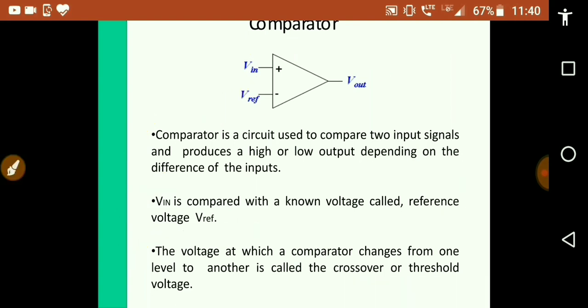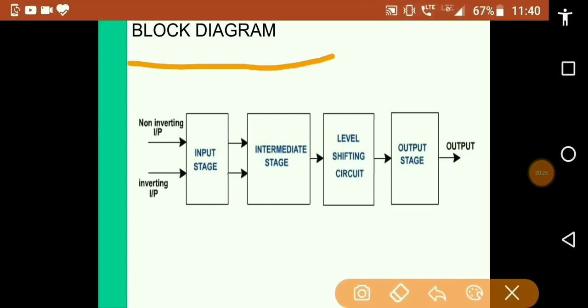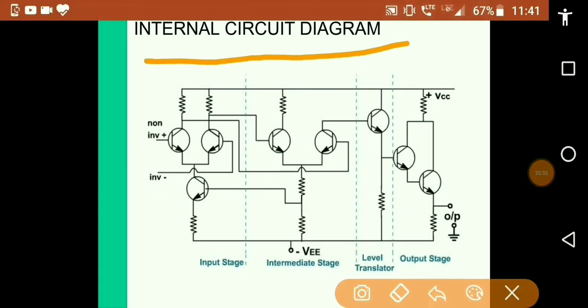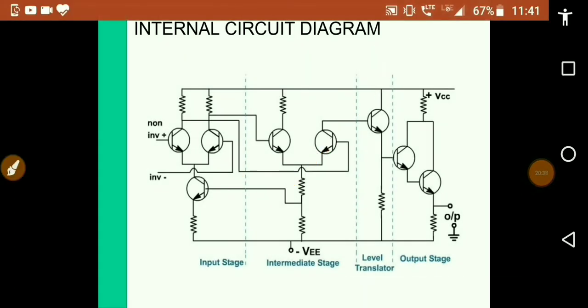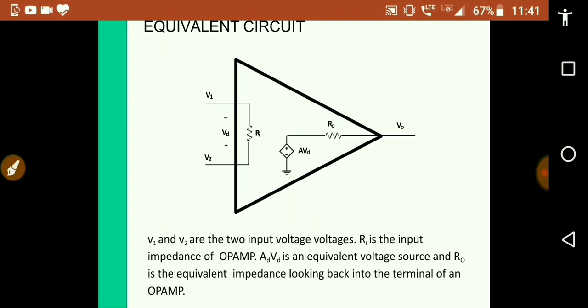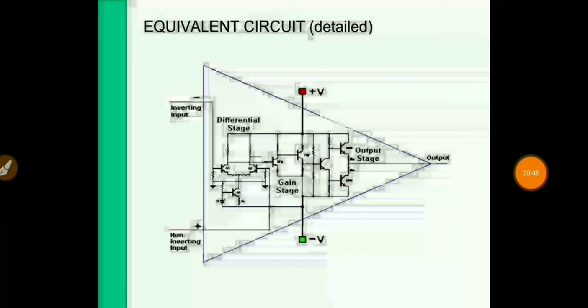So students, in this video we have discussed all the basic concepts of the operational amplifier. This is the block diagram. This is the internal circuit diagram. This is the equivalent circuit. This is the detailed equivalent circuit.